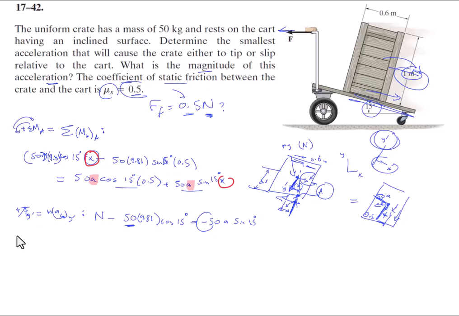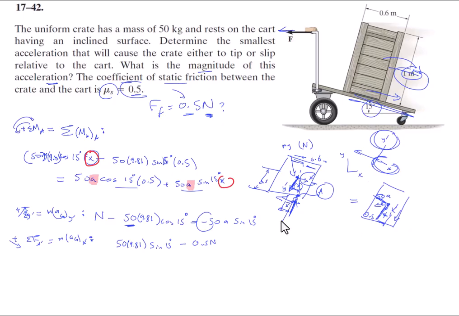Okay, so I have another equation, which is the summation of forces in the x prime direction, where this is the positive direction. This is equal to ma on the center of mass in the x prime direction, equal to m, 50 times 9.81 sine 15 degrees minus 0.5 N, because this guy is in the negative x prime direction, in normal.